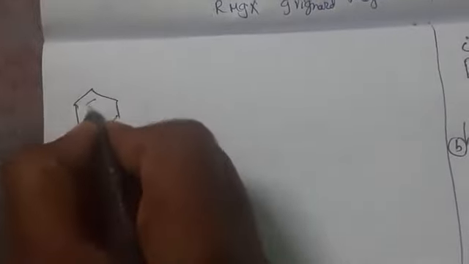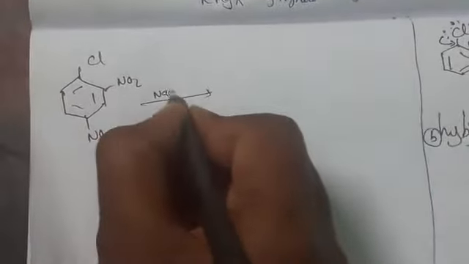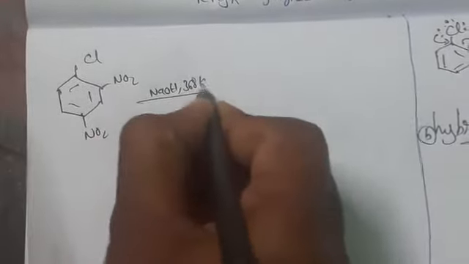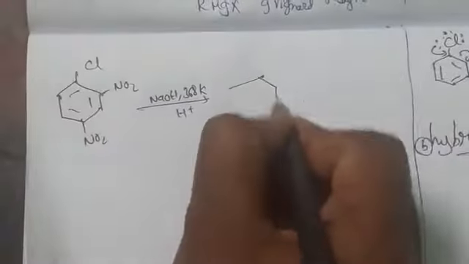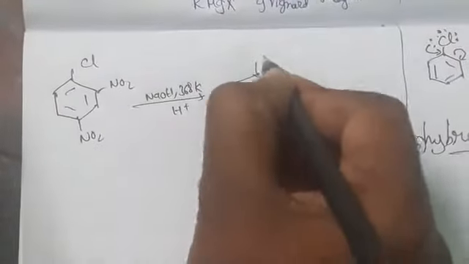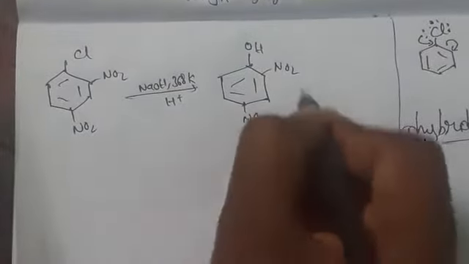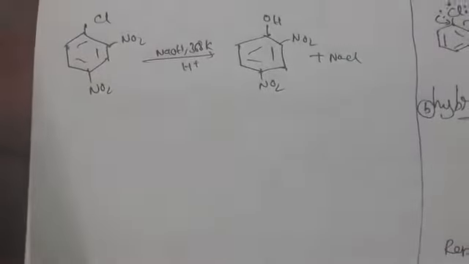If we take Cl with NO2 at ortho and para positions, then NaOH at 368 Kelvin in the presence of acid, we get OH, NO2 and NO2, and NaCl.